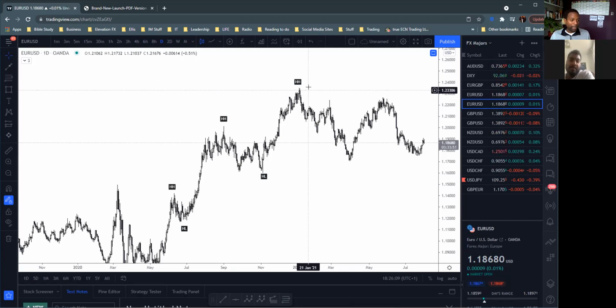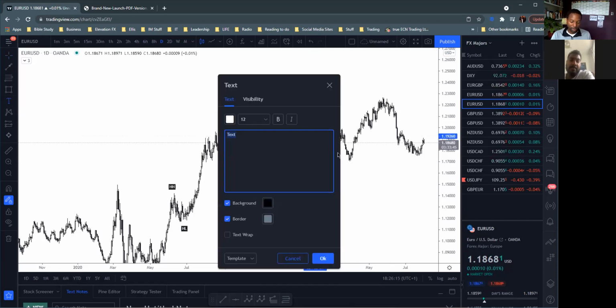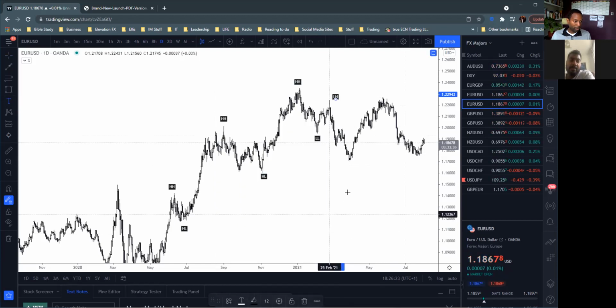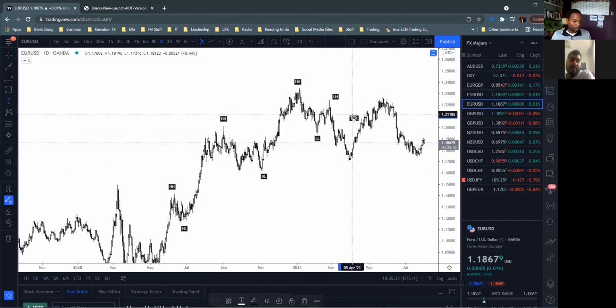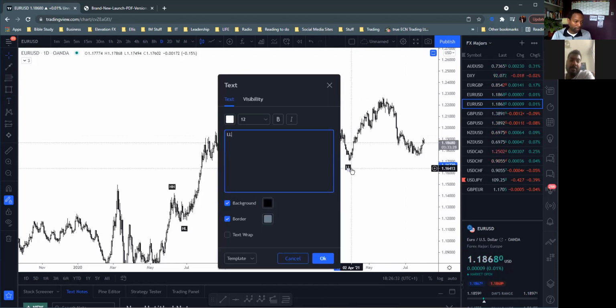Not only that, if you can then start to identify your lower lows, which is here, lower low, lower high. We keep on going. There's another one down here. This is a lower low.